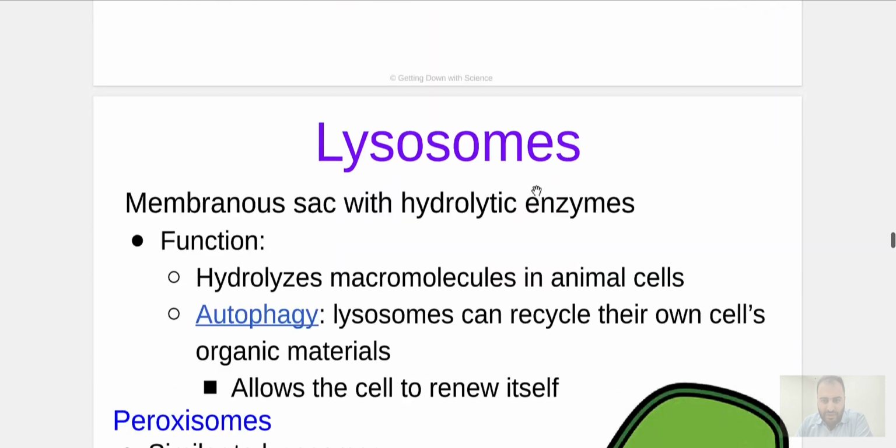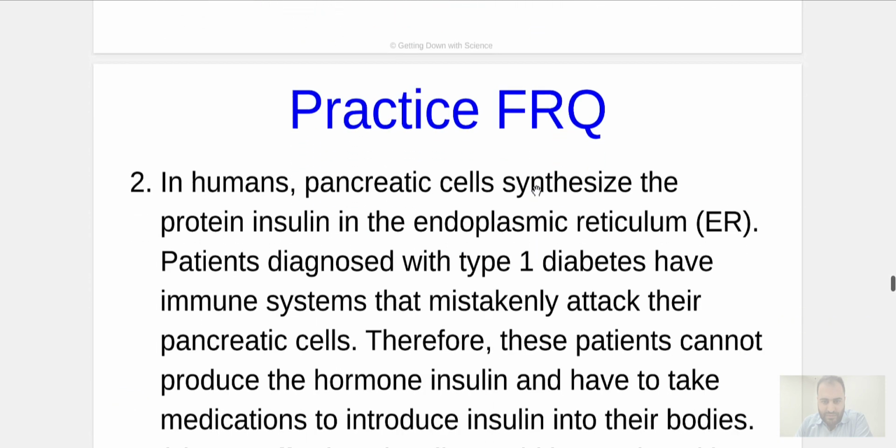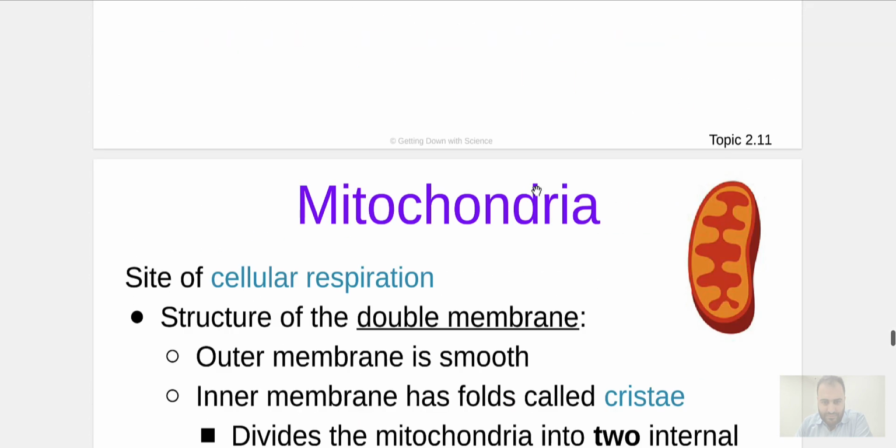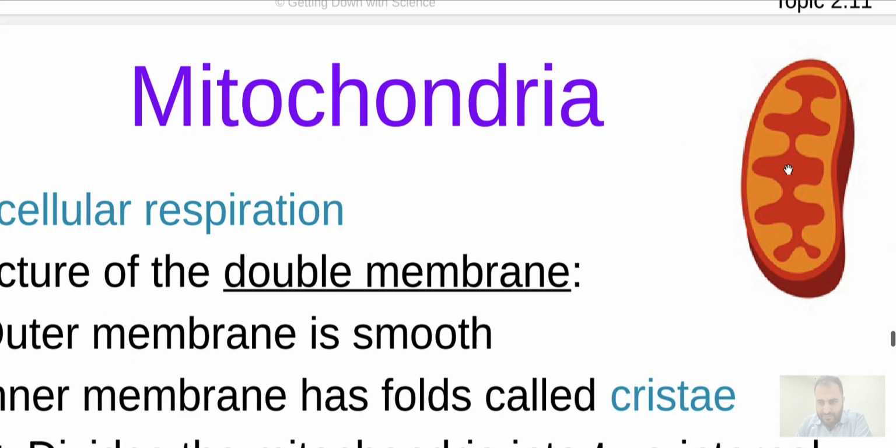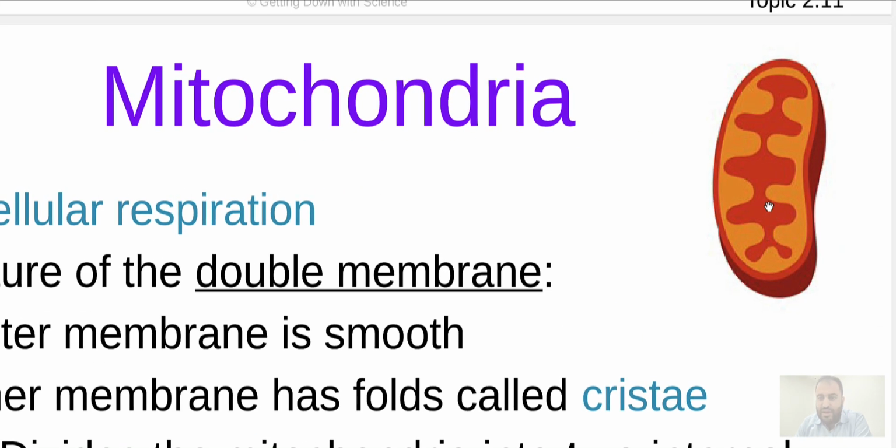So the inner membrane of the mitochondria is folded, this one here. So this will increase the surface area. As a result, there will be more reactions. Because later on in the next chapter, we are going to study the cellular respiration chemical reaction, and you will see that this reaction takes place in the membrane.